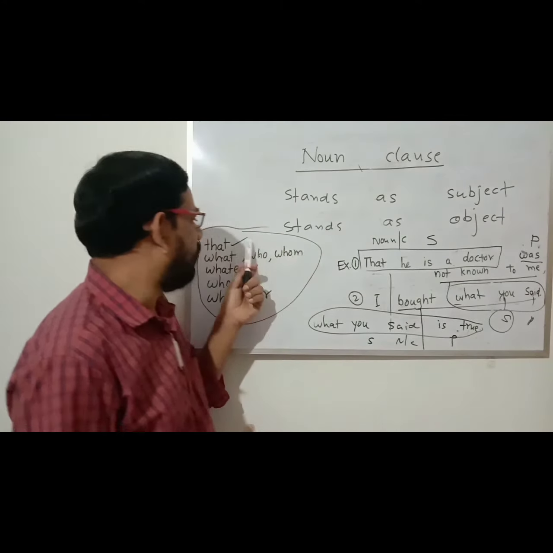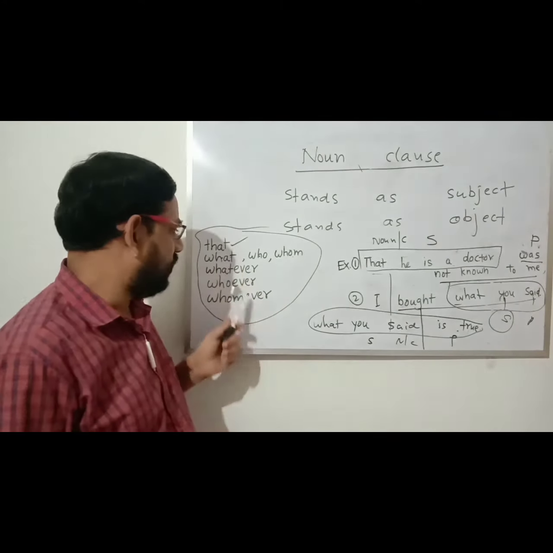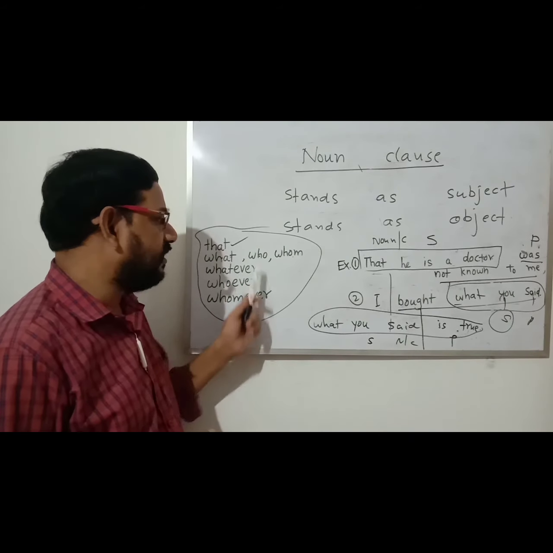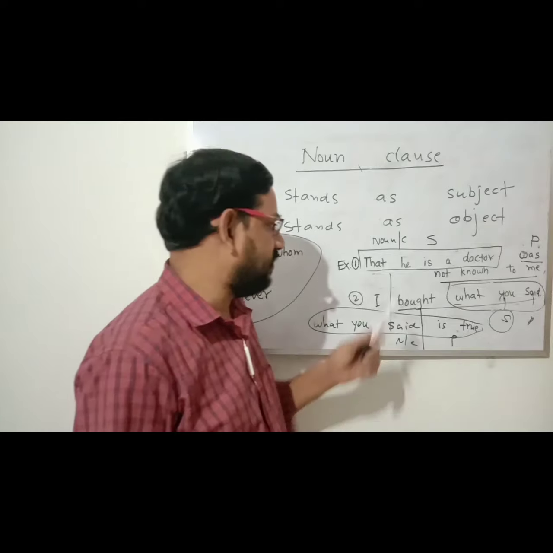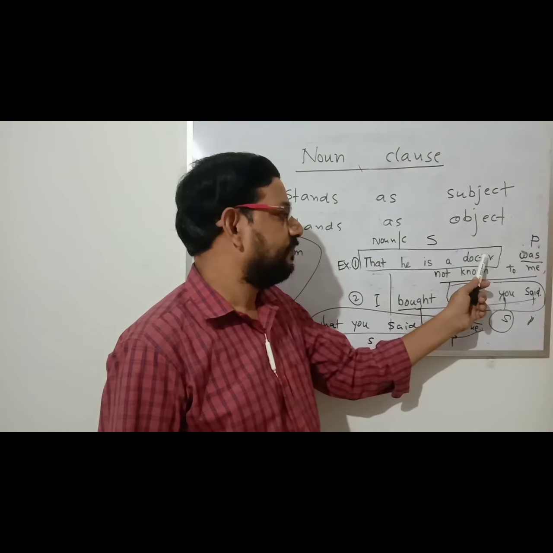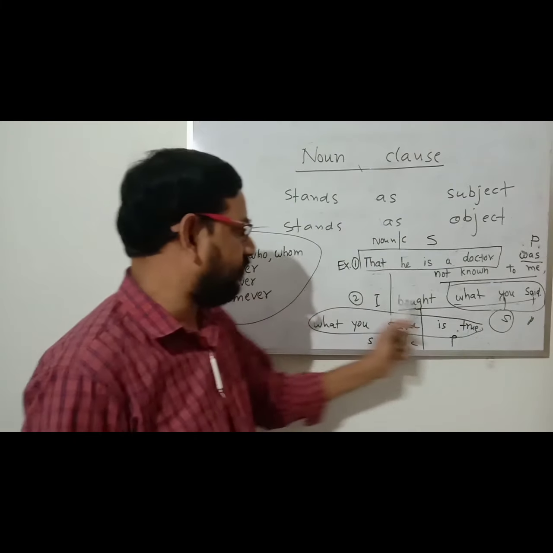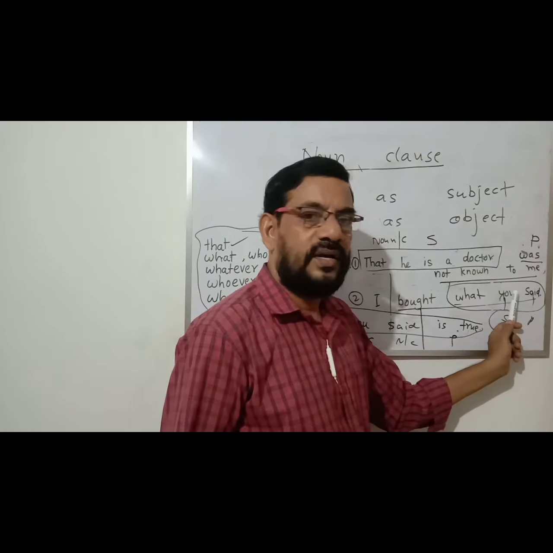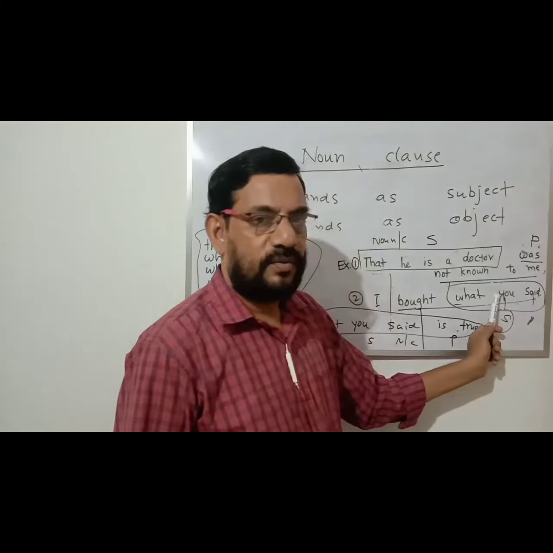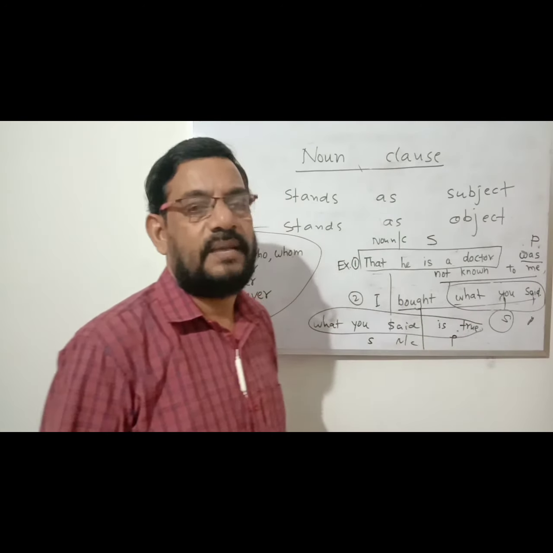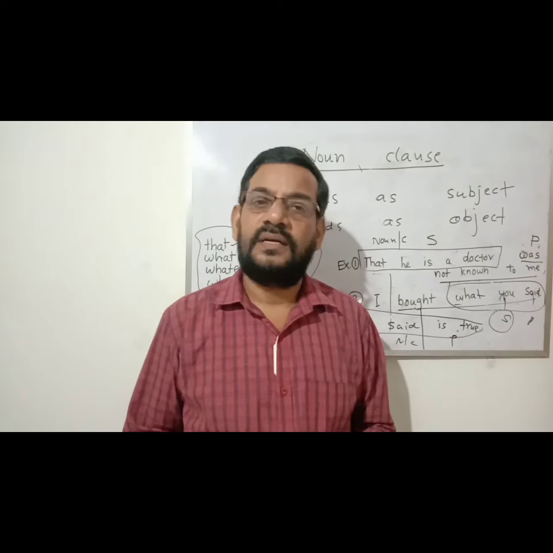Check this group. We have to once again go through these words: that, what, who, whom, whatever, whoever, whomever. Take one of those subordinating conjunctions and make a clause as a subject, like what you said. You see, using what, the clause is made here that functions as an object. So as a subject, and as an object also, noun clauses can be placed. Okay, I think it is clear to you.